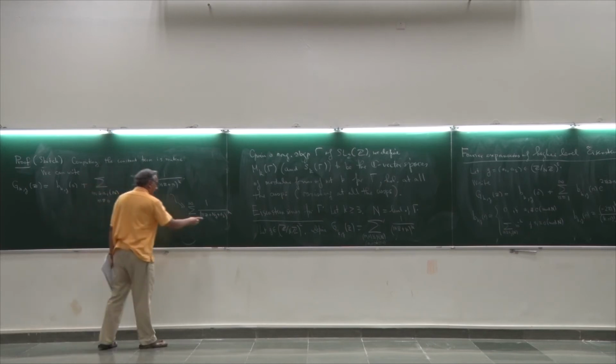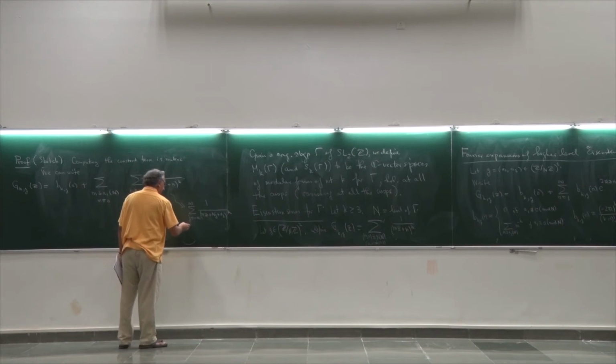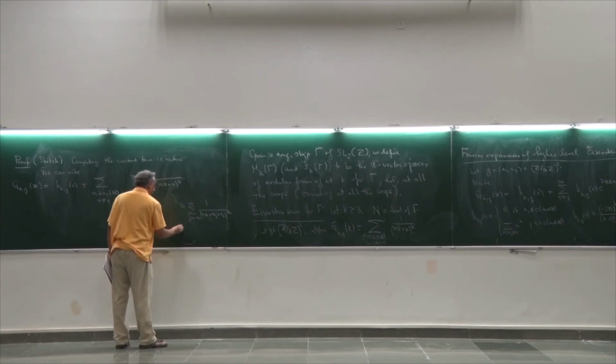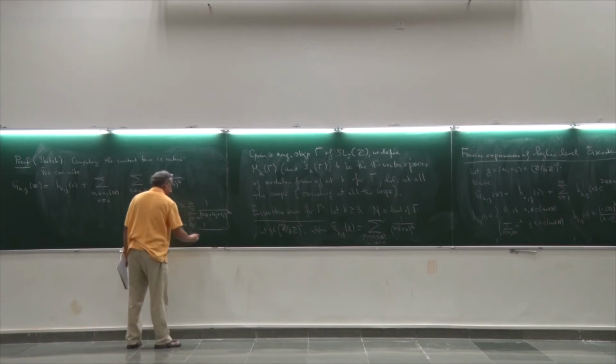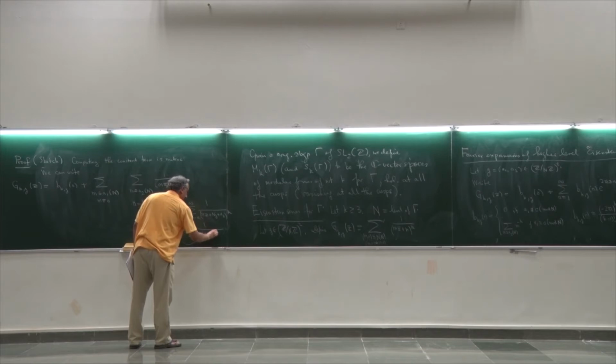By moving the n to the k outside, you can see that this can be rewritten as n to the minus k times the summation, j going from minus infinity to infinity, of 1 over (j plus mz plus a2 divided by capital N) to the power k.